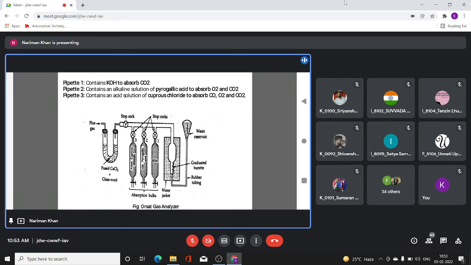But carbon dioxide is already absorbed by the KOH pipette, so now only oxygen is left. So pyrogallic acid is going to absorb all the oxygen which is present in our flue gas. Now again, after the absorption of oxygen by pyrogallic acid, the remaining gas contains what?